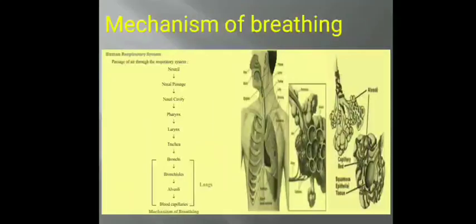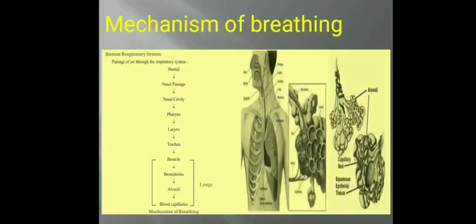Let's move ahead. Here you have to understand the mechanism of breathing. The mechanism of breathing actually begins when there is intake of air through your nostrils. Nostrils are small holes which also have hair-like growth in the nose.